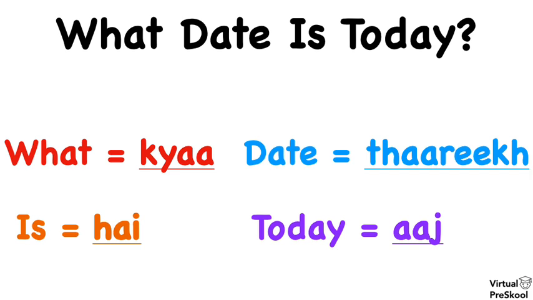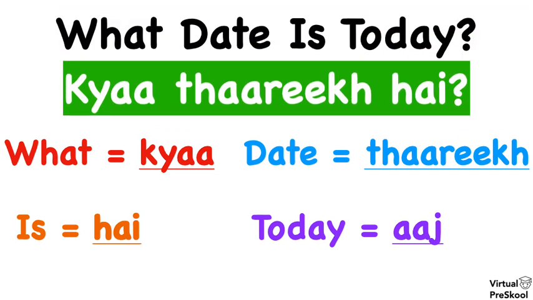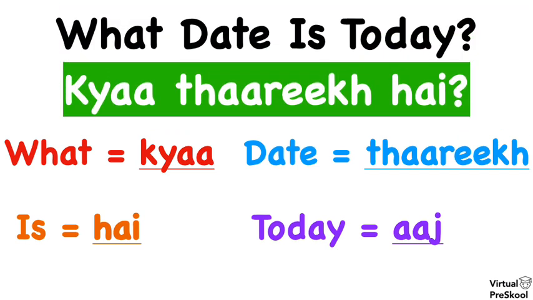All right? Another way to say this would be kya tareekh hai? So we took away aaj. Kya tareekh hai? What date is it? And the reason why we can do that is because if somebody's asking this question, kya tareekh hai? Well, using our common sense, we can assume that they mean today's date.